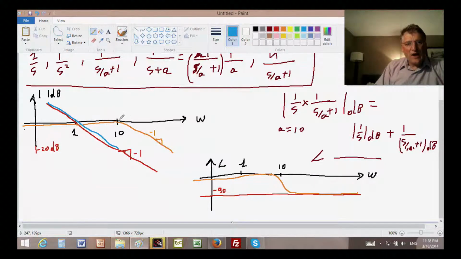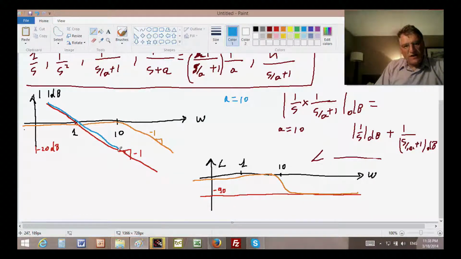And then once we arrive at the characteristic frequency here of 10 radians per second, and again this corresponds to A equal to 10, the break frequency, we add these two lines.